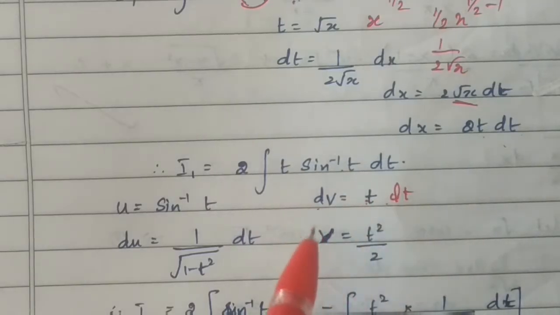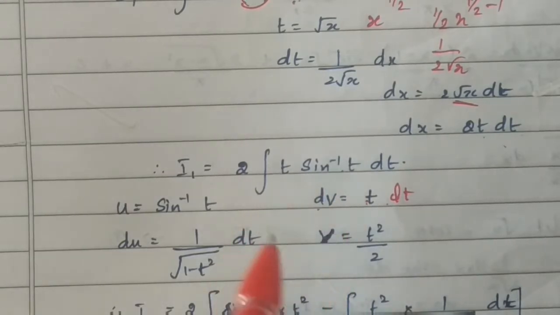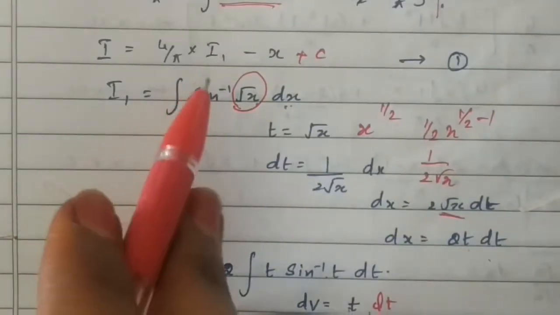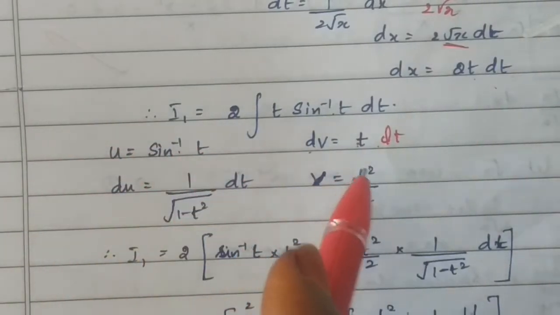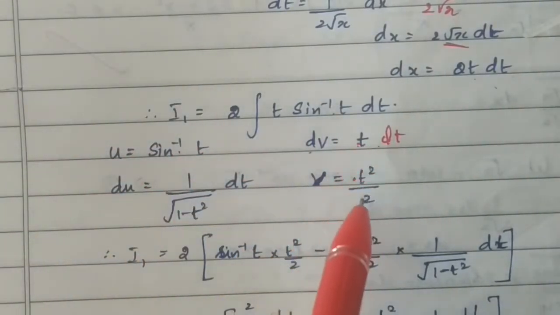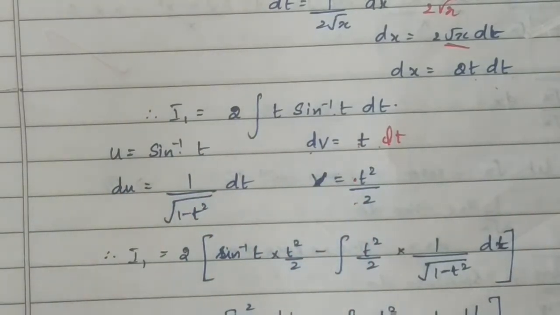When you integrate, you will get t power 1 plus 1 divided by 1 plus 1, that is t power 2 by 2. Now apply this integral. Here the integral is nothing but sin inverse of root x. Therefore, uv minus sin inverse of t into t squared by 2 minus integral of v du. V is t squared by 2 into 1 by root of 1 minus t squared into dt.